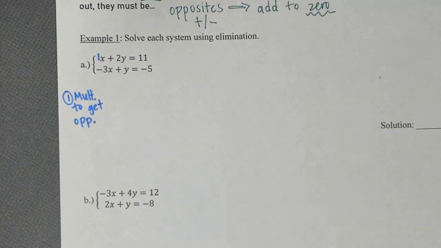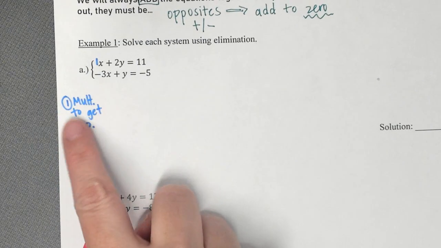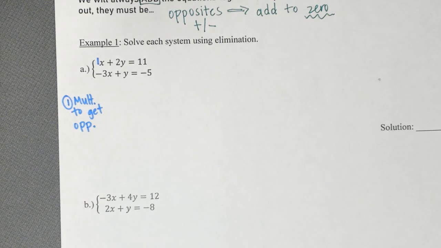Do you guys want to abbreviate that? Multiply to get opposites? I just want you to have something so that if you look back at this, you know what to do first. Because the first step is going to change just depending on what you have. So multiply to get opposites.